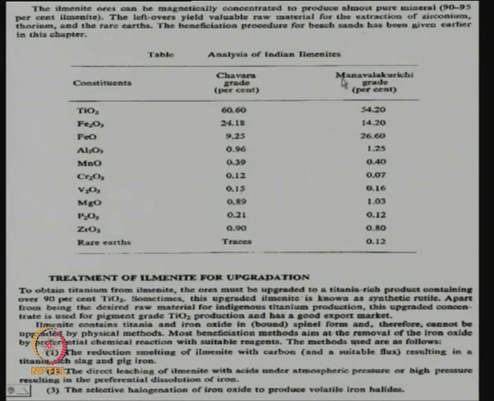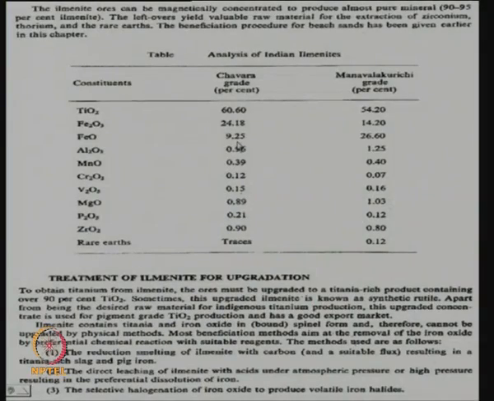Then there is another one, Manavalakurichi, I think it is in Kerala. You have TiO2, then you have Fe2O3, you have FeO. So, in different parts of India, there are beach sands which all contain ilmenite, but with different kinds of impurities. So, their treatment procedures are not all identical.